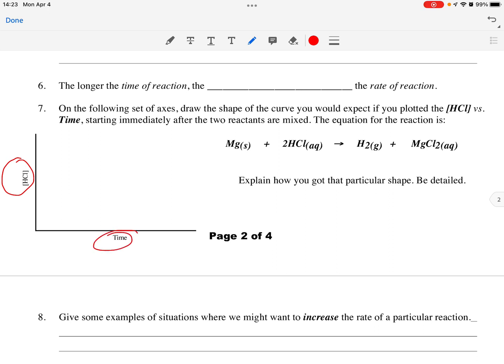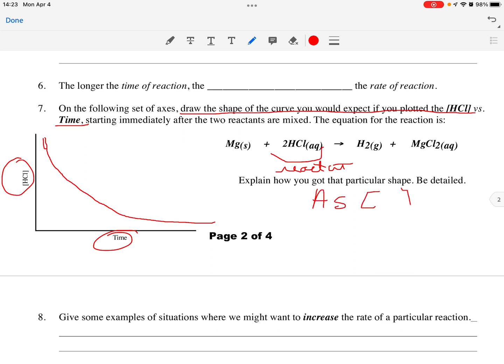We are asked to draw the shape of the curve we would expect if we plotted HCl versus time. HCl is a reactant, so it's being consumed. It's going to start very high, and it's going to get used up, and the change is going to continue to get less and less as time goes on.